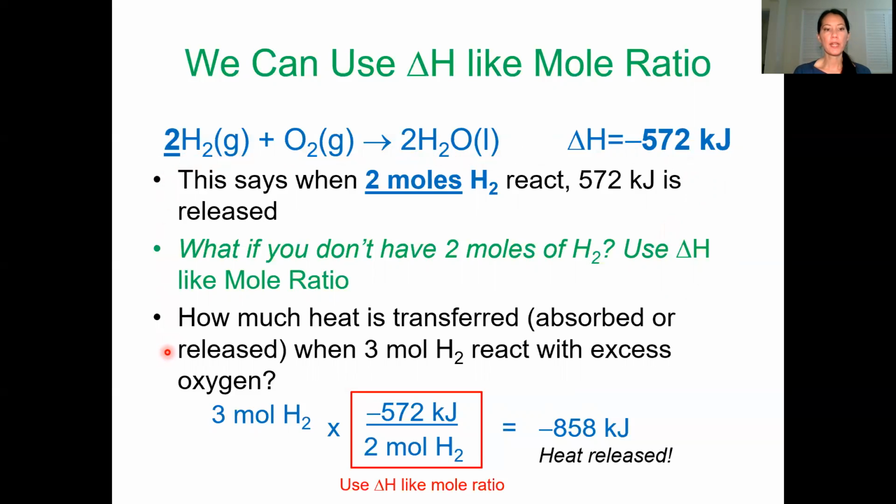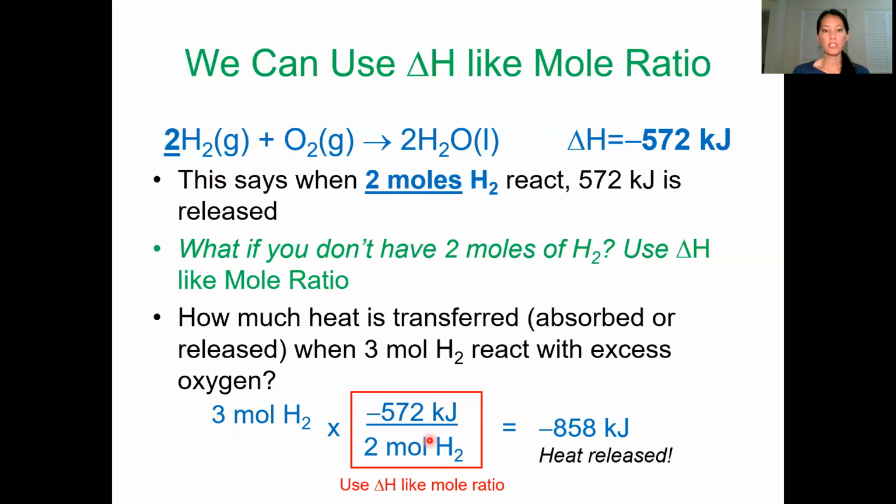So let's look at this problem. How much heat is transferred? I'm not telling you if it's absorbed or released yet, just how much is transferred when 3 moles of H2 react with excess oxygen. So I start with the 3 moles and look at the equation, and I can see, using this like a mole ratio, for every 2 moles of hydrogen I react, I release this much energy.